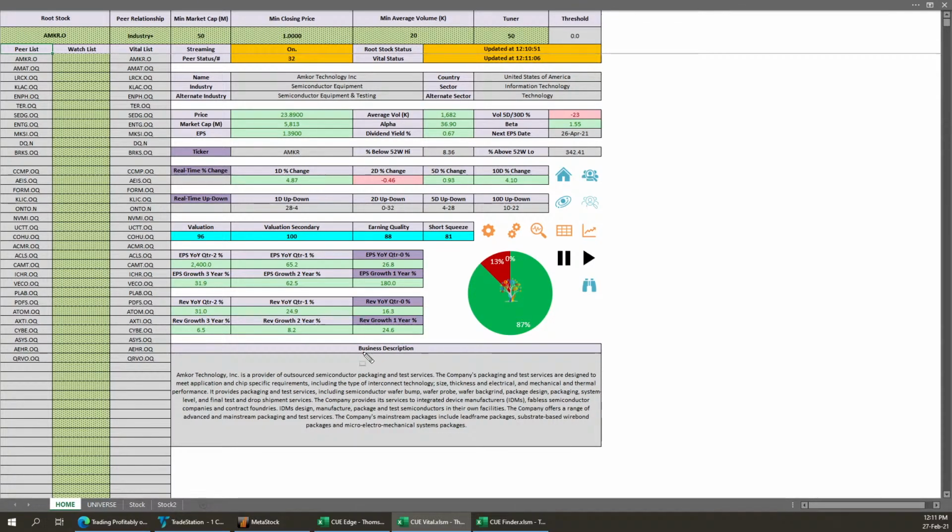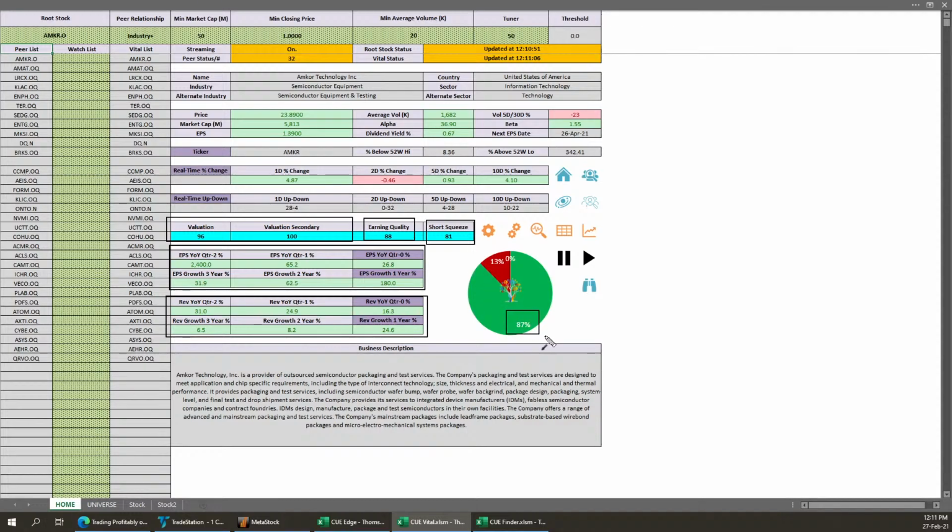So the industry clearly allowed me to buy. See the stock. The scorecard is fabulous. No other way of putting it. Excellent valuation, high earnings growth for 3 quarters, 3 years, high revenue growth or steady revenue growth, steadily increasing 3 quarters, 3 years, robust earnings quality, short squeeze potential.